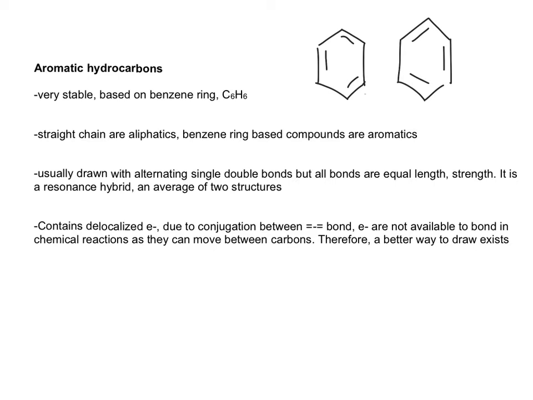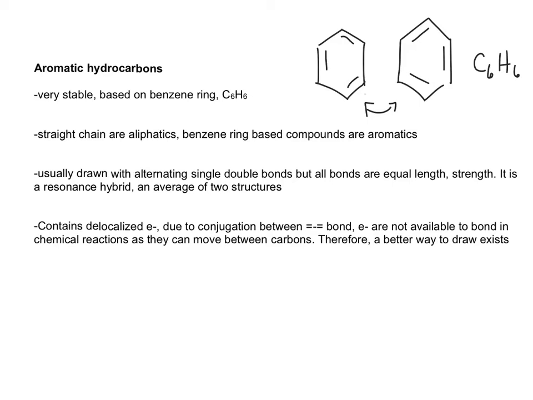So these are all the same and they're the same strength. So the best way to draw it isn't like these two, but we've drawn the structure like that for a very long time. But this basically satisfies the bonding, that there's only one hydrogen available to bond on each carbon.